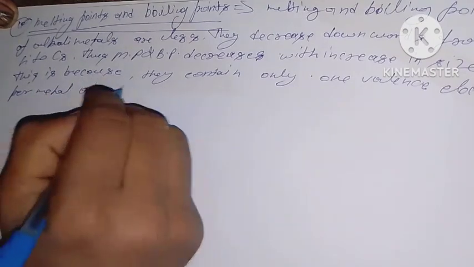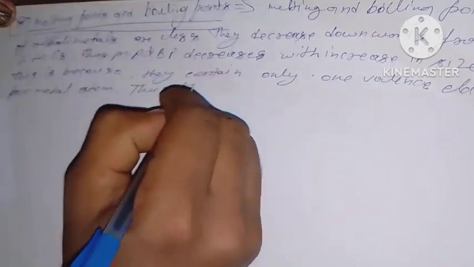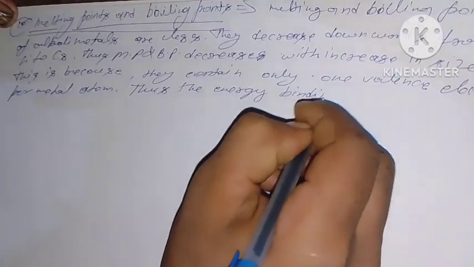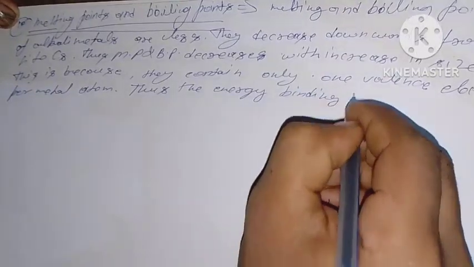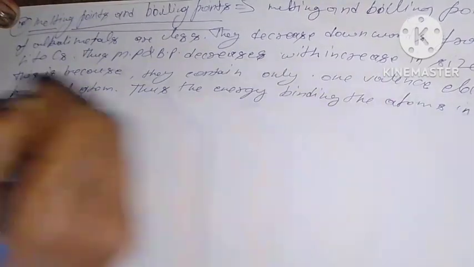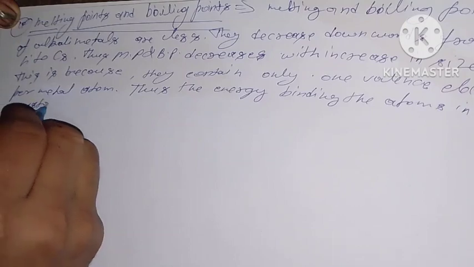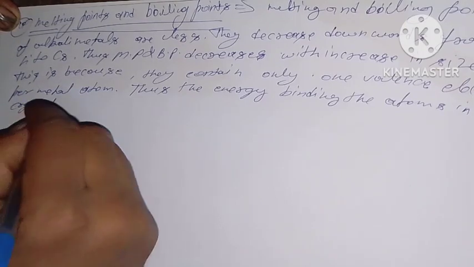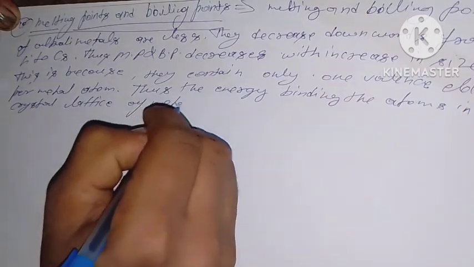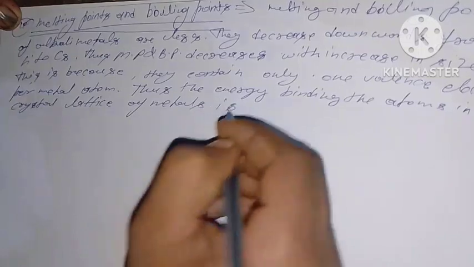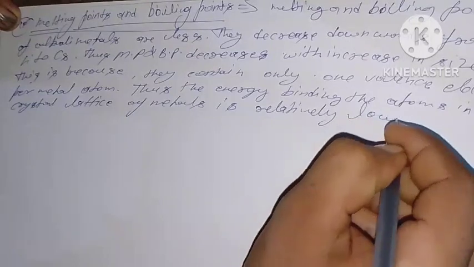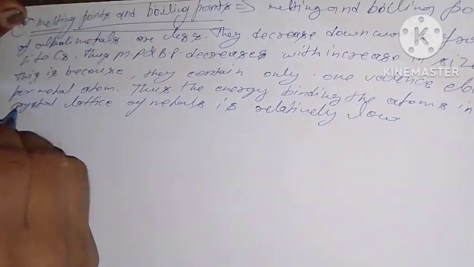Thus the energy binding the atoms in the crystal lattice of the metals is relatively low. Next, ionization energies.